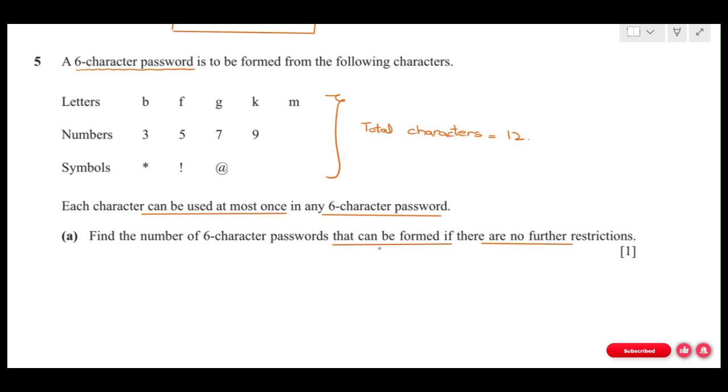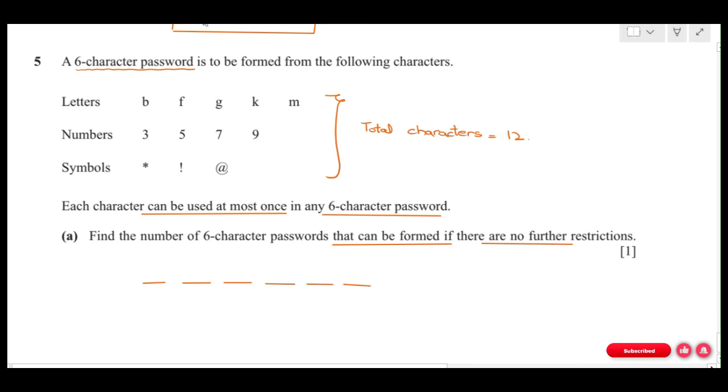Okay, so there are no further restrictions, you just have to use each character at most once, right? So for the 6-character password we can say 1, 2, 3, 4, 5, 6.